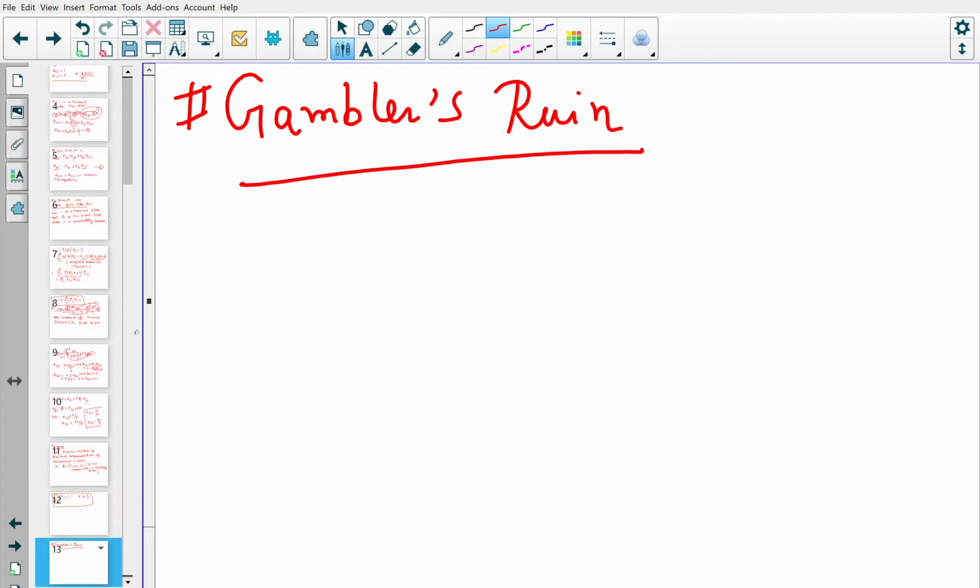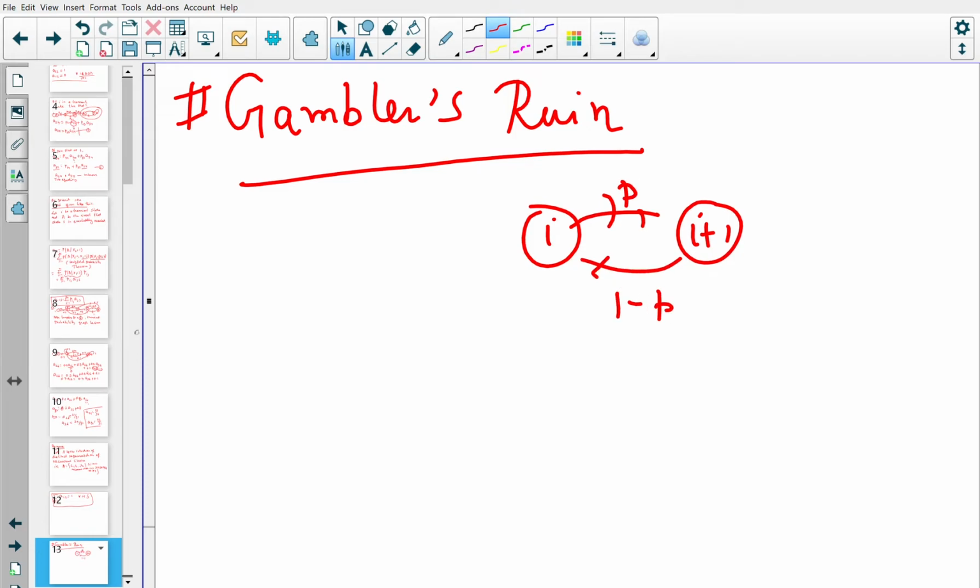So what is the gambler's ruin problem? In a gambling game, you can either win with some certain probability or you can lose. Suppose you start with some particular money, say i. You can either win 1 rupee with some probability p, or you can lose it with probability 1 minus p. There are two options, and you finish the game once you end up with M money.